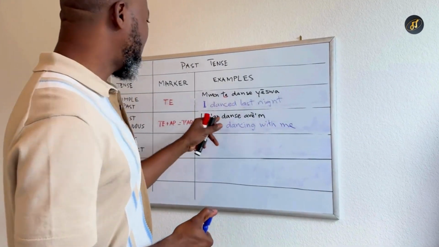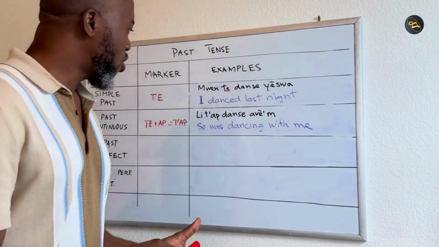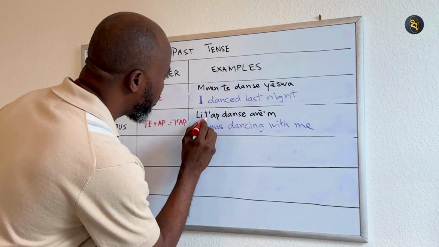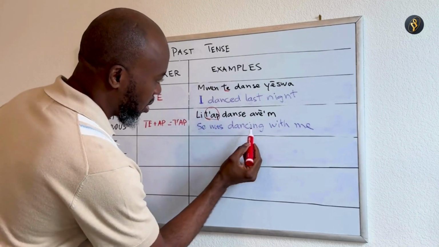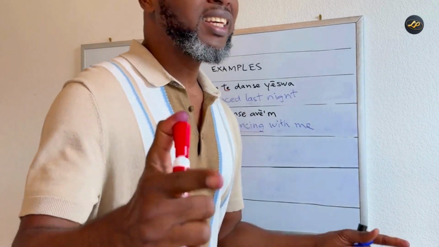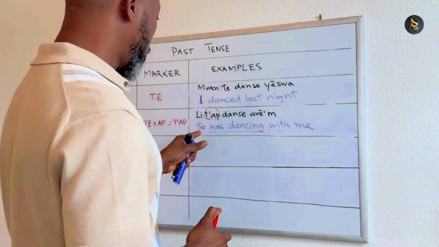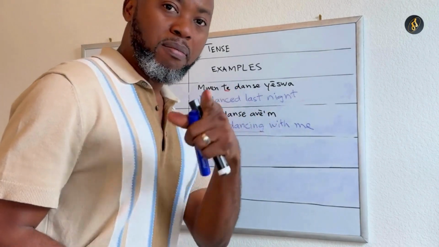Right? Li tap danser avec. Te plus a is our marker here to indicate the past continuous. Li tap danser avec. She was dancing with me.